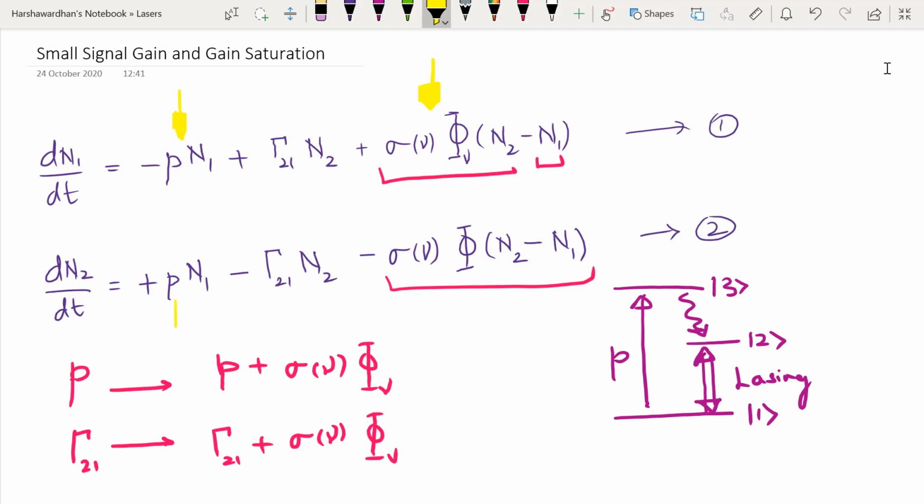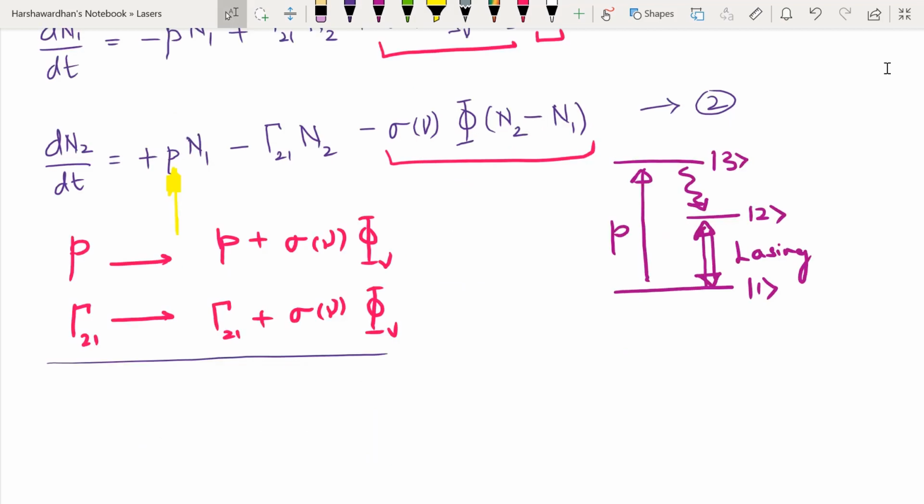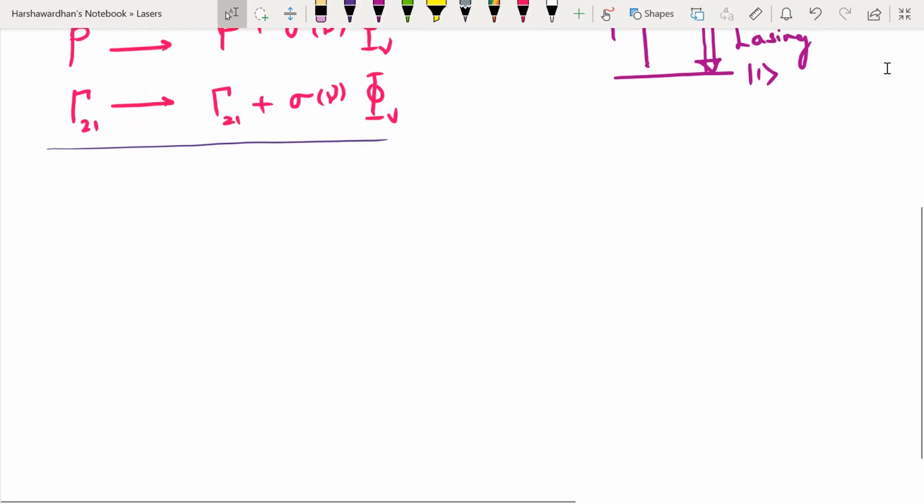See that P can be replaced by P plus sigma times phi, and they will go with N1. And similarly, gamma 21 will go as gamma 21 plus sigma times phi. Given this neat observation, I can quickly use this substitution to obtain the steady state solutions of the population inversion.